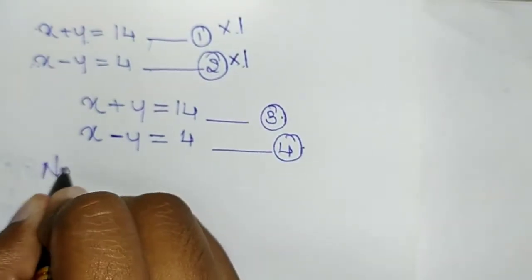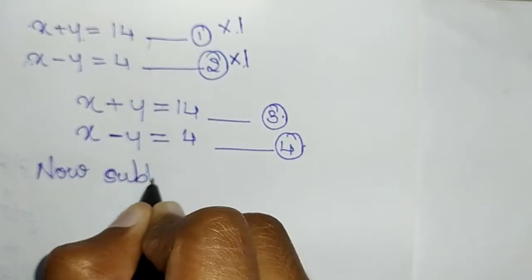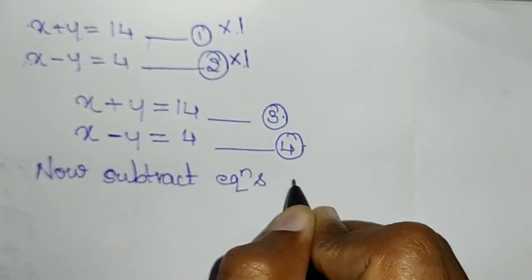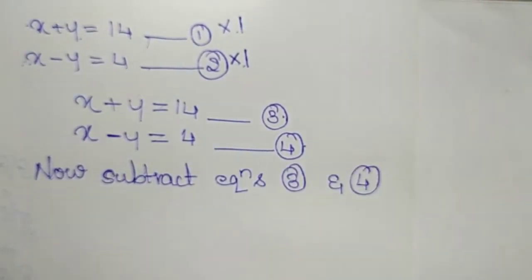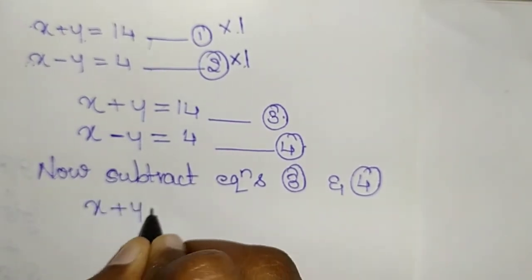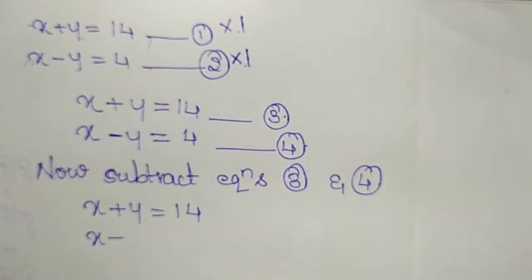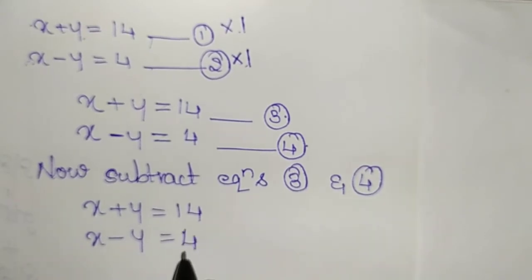Now, subtract equations 3 and 4. We'll get x plus y is equal to 14. x minus y is equal to 4.